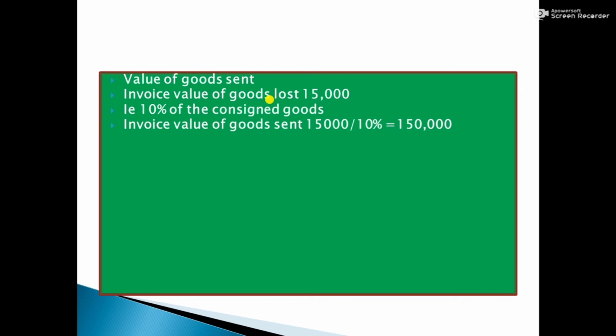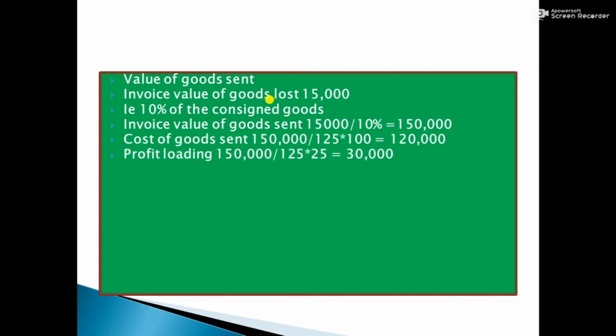In that 1,50,000, there is a profit loading, that is loaded 25% on cost. Therefore, the profit loaded is 1,50,000 divided by 125 into 25, that is 30,000. Therefore, the cost of goods sent is 1,50,000 divided by 125 into 100, 1,20,000.